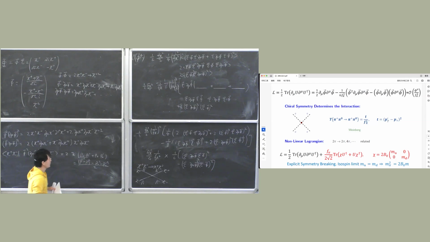And this is just exactly t. P0 squared, because up to now the pion is massless, so these two are all equal to 0. So finally it's just t over 2 and t over 2. So in total, it's 2t, 4t.